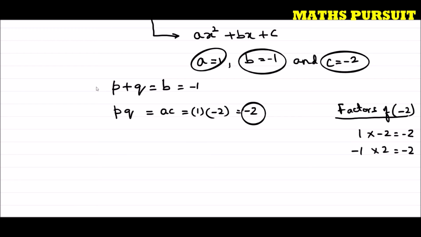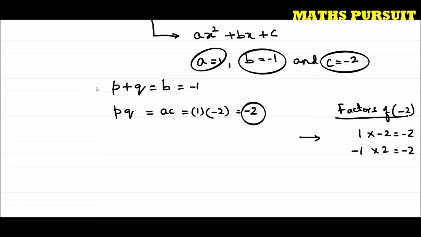Now we need to see guys, this minus 1 and this 2, these are our p and q, but we need to identify which one is which. If we add p plus q, we should get minus 1. That means if I add 1 plus minus 2, we will get minus 1. This satisfies our given condition.